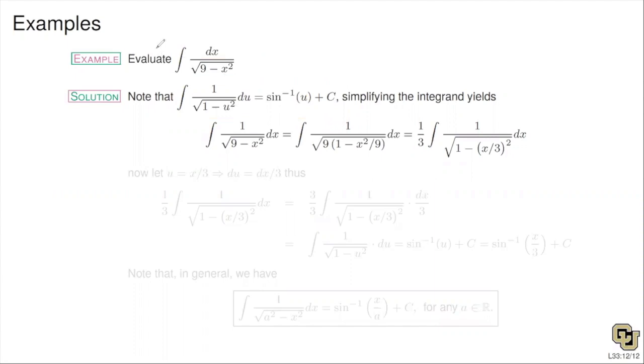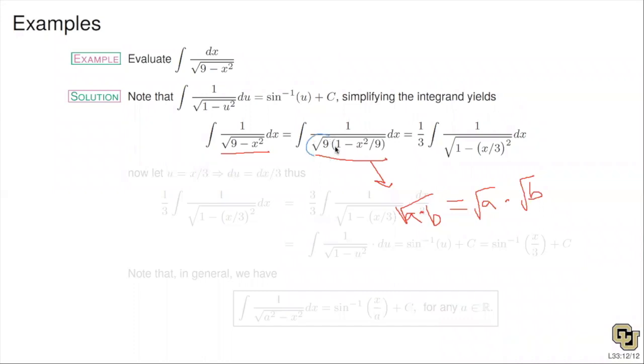So in the denominator, first thing I do is factor out a 9. And remember, this is still under the square root. So factor out a 9, I get 9 times quantity 1 minus x squared over 9. Now I use the fact that the square root of a times b is the same as radical a times radical b. So I separate this.